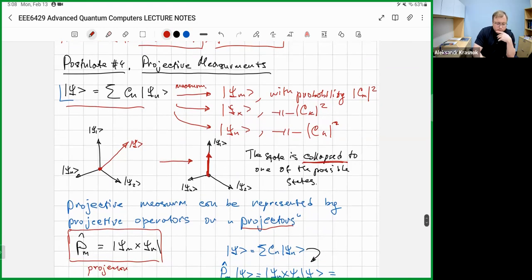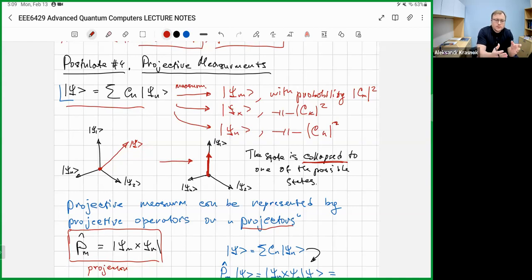And then when we do the measurement of a system in some particular basis, for example, the coordinate basis, right? We basically measure a coordinate of a particle. Then as a result of this measurement, we will get the position of the particle.